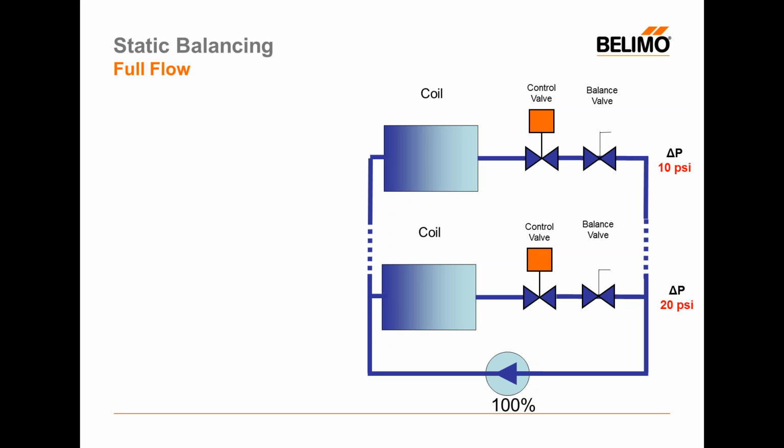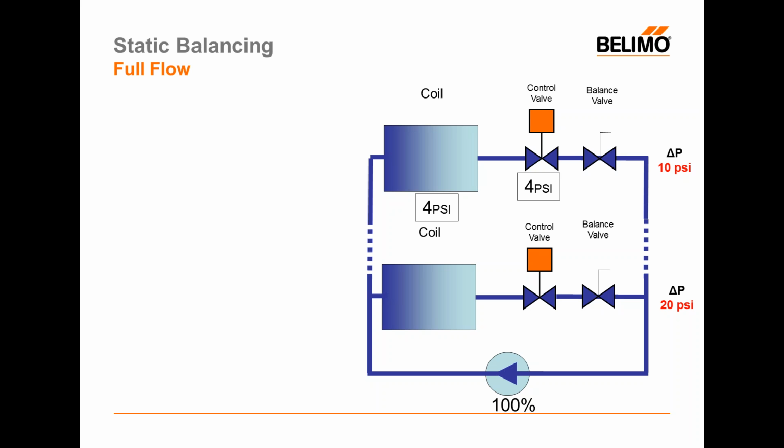So let's go ahead and balance this building as we would traditionally. At our top floor, we have a 4-pound pressure drop on the coil, and then we have a 4-pound pressure drop designated for the valve based on the way we size the valve.